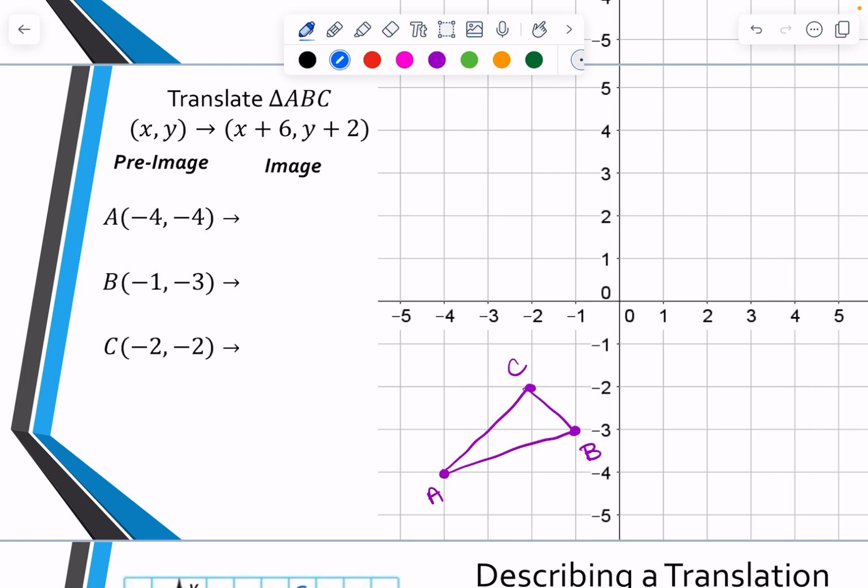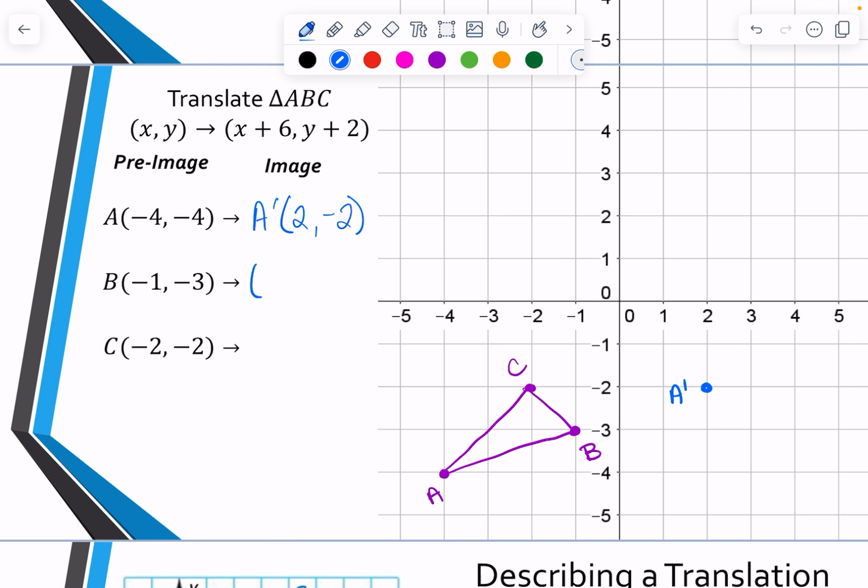A prime says, hey, take your x value, add 6 to it. So that would put us at 2 for x. -4 plus 2 is at -2. So 2, -2 would be A prime.